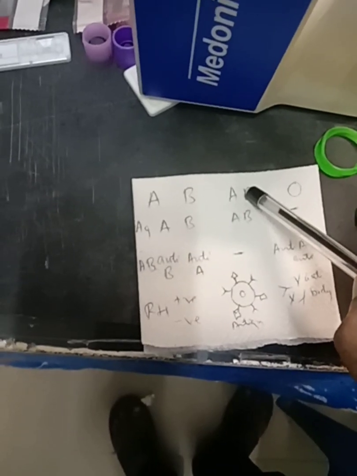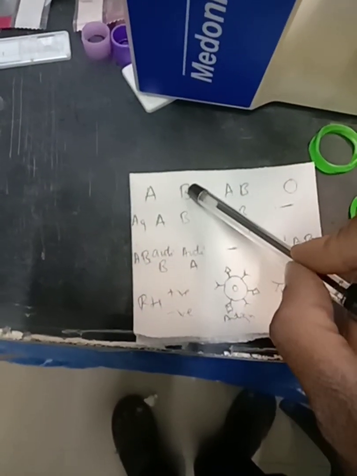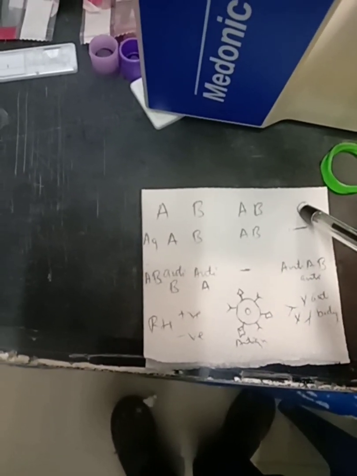AB has no antibody, so he can take blood from A, B, AB and O. Ideally O has to take from O only, because although he is a universal donor, he has to receive from O only.